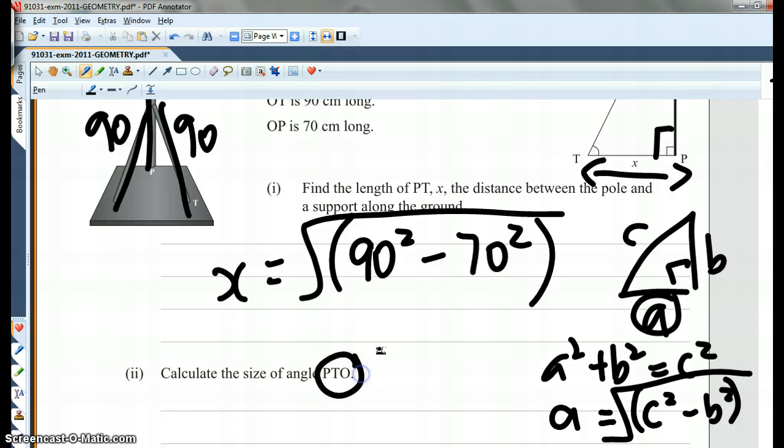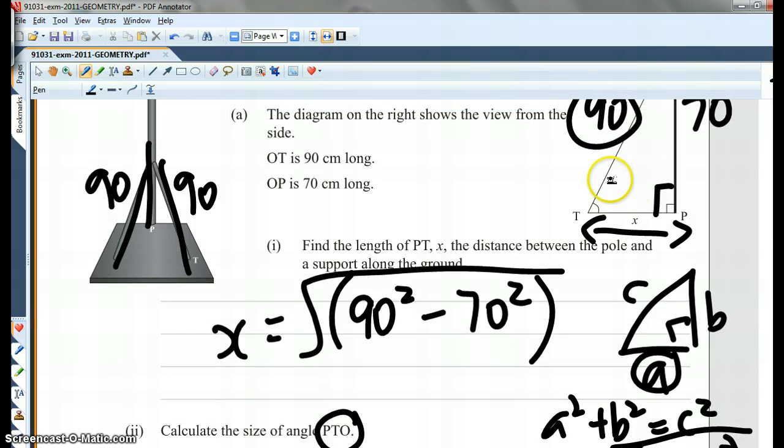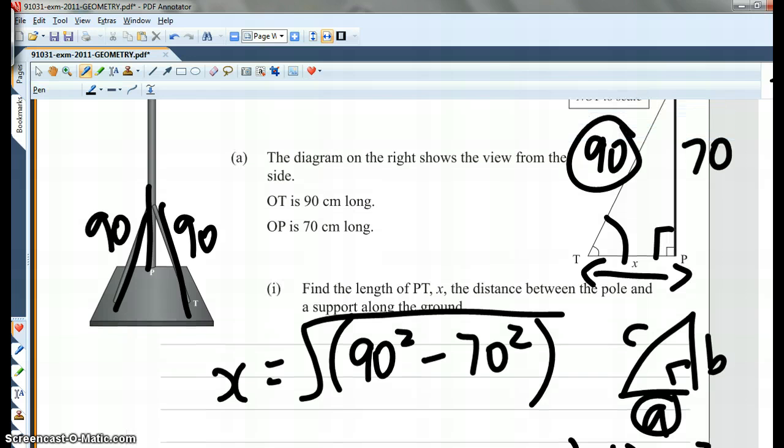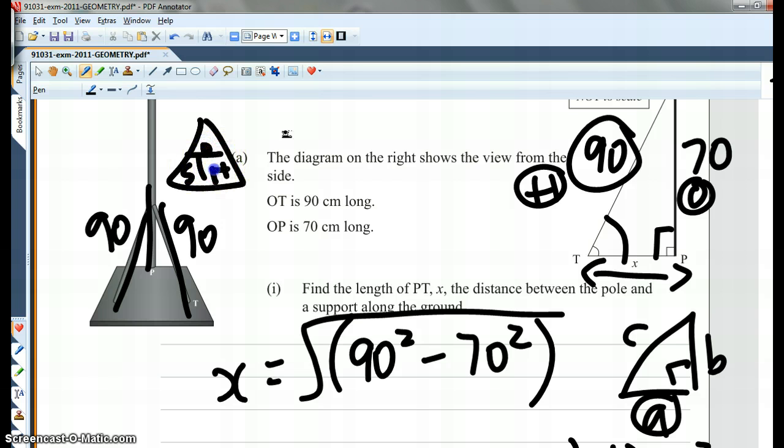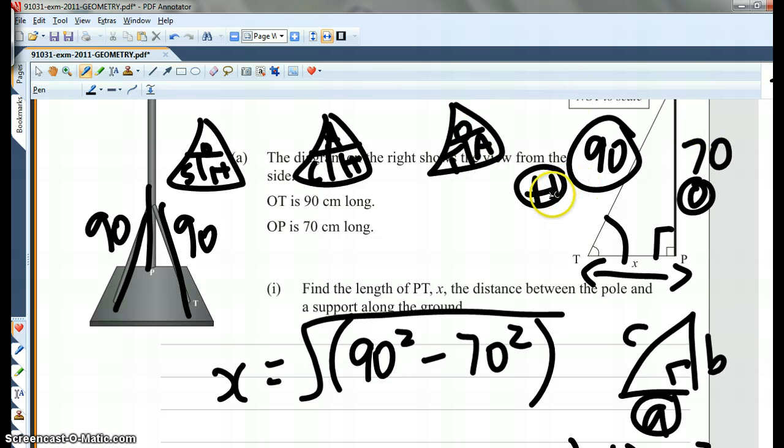Calculate the size of angle PTO. So PTO is this one here. So we have got an angle. We know that that's opposite, and we know that's the hypotenuse. So we're looking at the O and the H, and we can put our triangles, our SOH CAH TOA, and we're looking for one with the O and the H, no A. We don't need to find A. We've calculated that already.